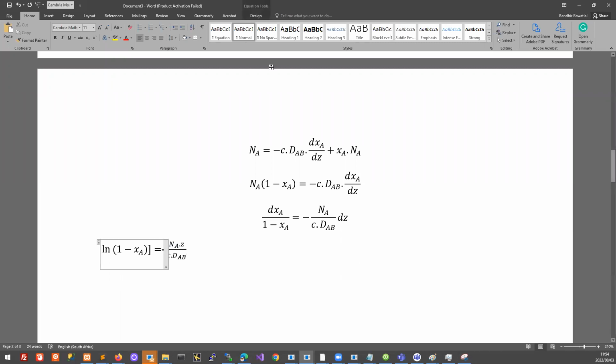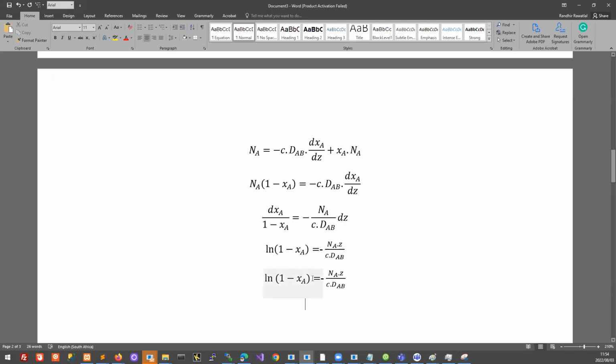Right, so that's our equation. And this is between 2 points 1 and 2, so this is between x_A1 and x_A2, and this is between z1 and z2. So we can say the particular solution of this is then x_A2.